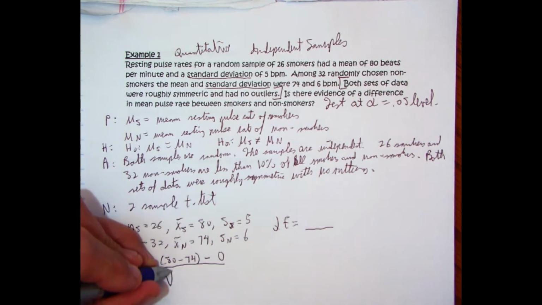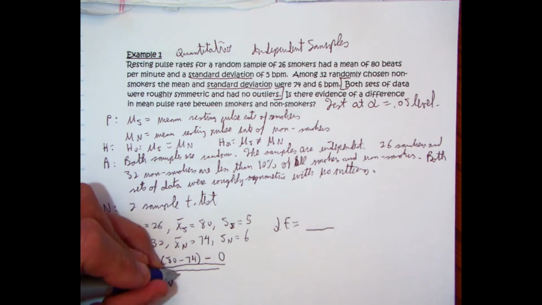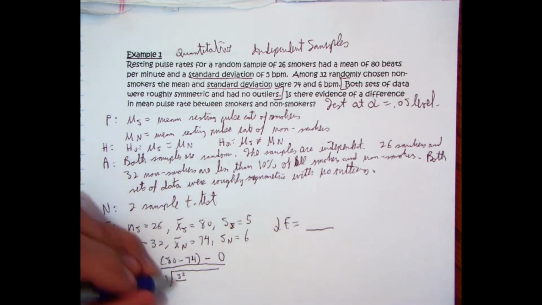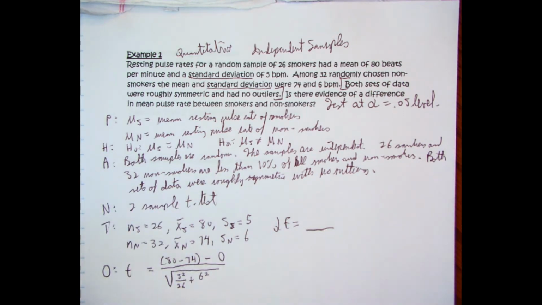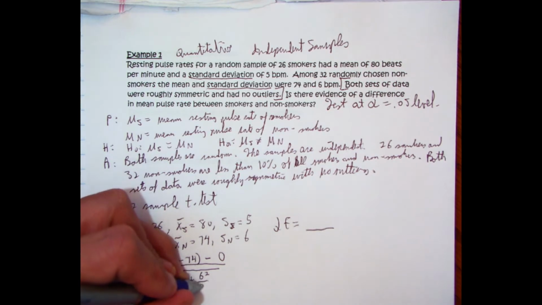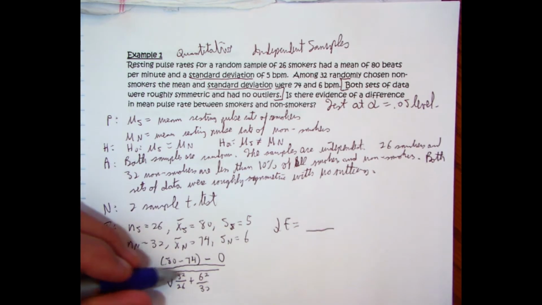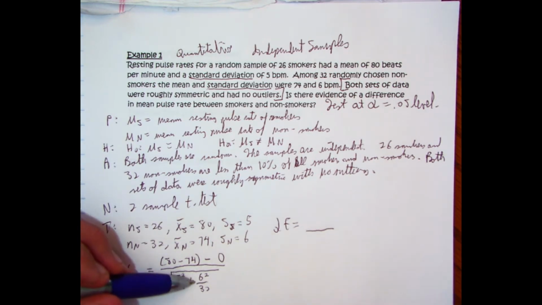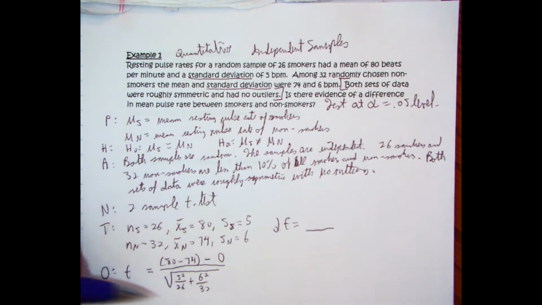Then we do the bottom, which is s sub 1 squared over n1, which is 26, plus s sub 2 squared, which is 6, over n2, which is 32. We'll put that under the square root. By the way, this whole deal on the bottom is found on your AP formula sheet, so you don't have to memorize it. You just have to know how to plug in the players.